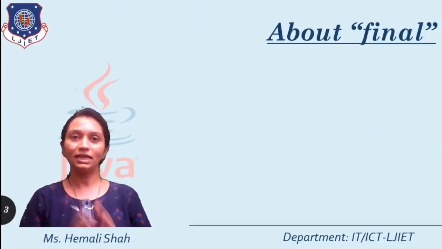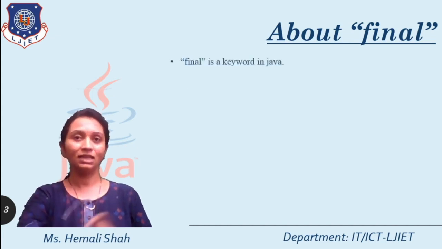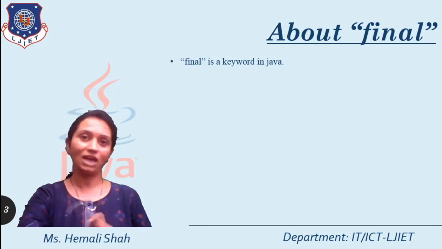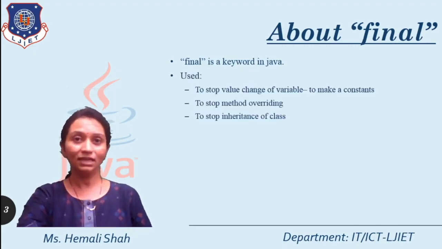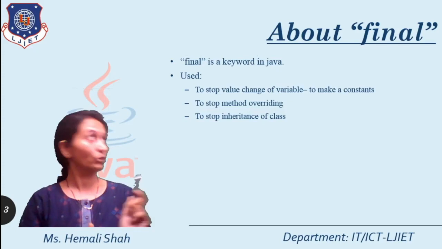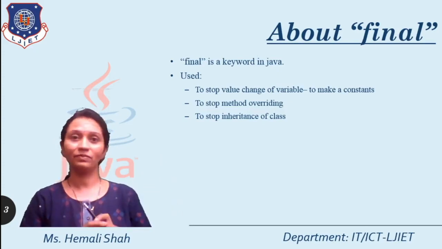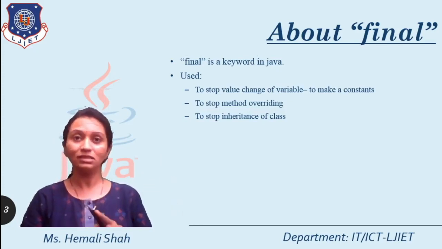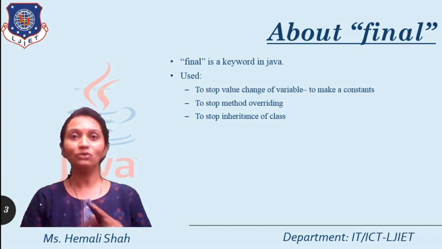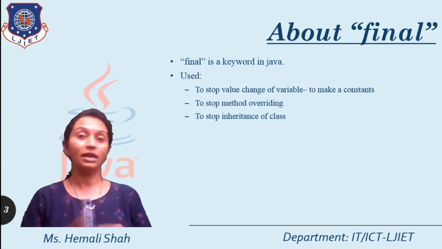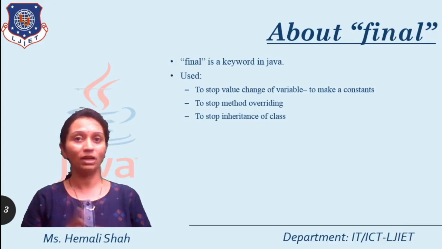So here it is about the final. First of all, final is a keyword in Java. Final is used to create a constant. That means to stop value change of a variable. It is used to stop overriding.